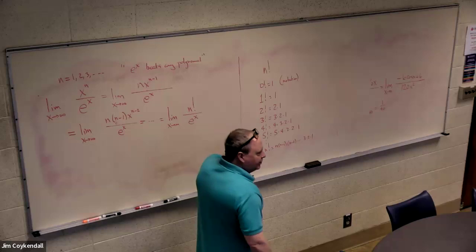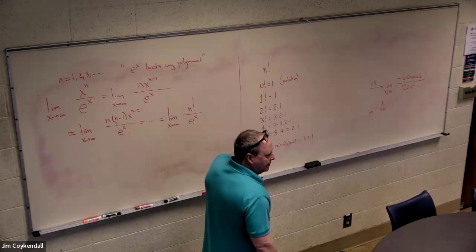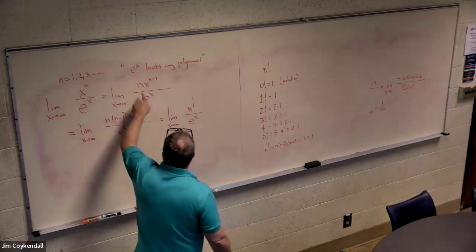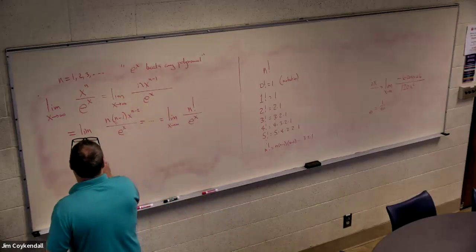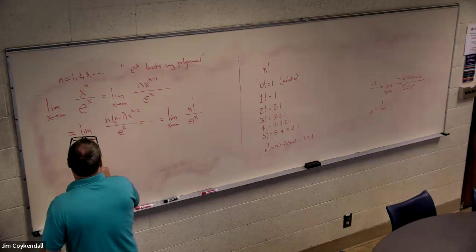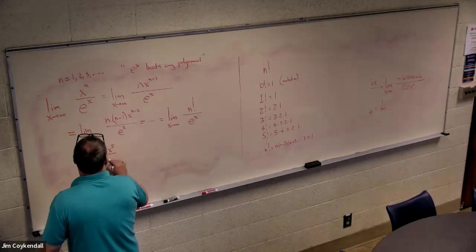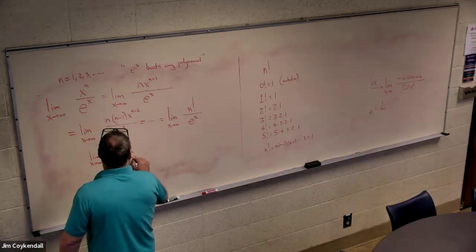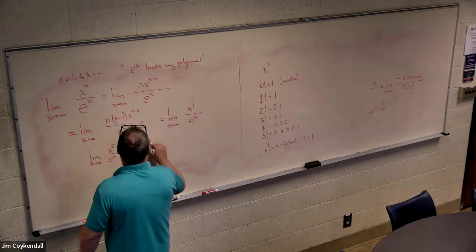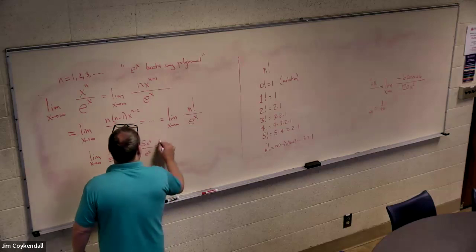How many of you have seen this before? Well, of course, this is what you get here, right? For example, the limit as x goes to infinity of x to the 5 over e to the x. The limit as x goes to infinity of 5x to the 4 over e to the x.